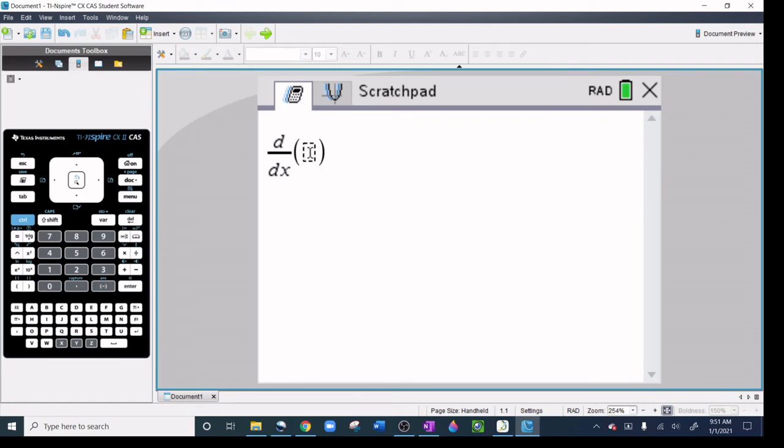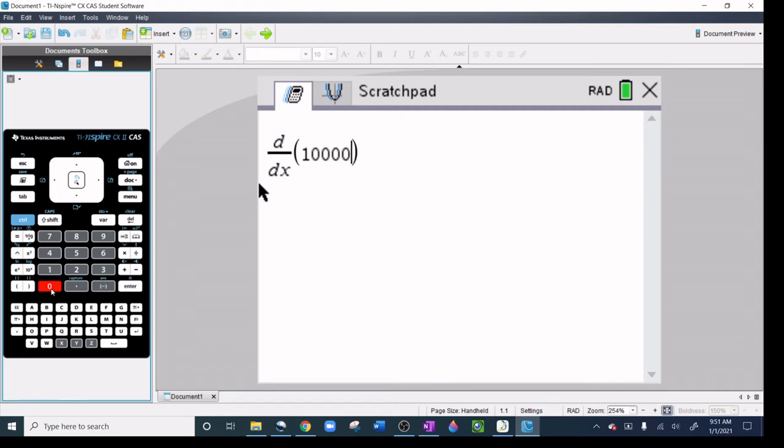Then let's do 10,000. That's what the formula is, 10,000. Then make a parentheses and make another parentheses. Then I have 1 over X and close the parentheses, go here, and I'm going to go plus X divided by parentheses X plus 3.